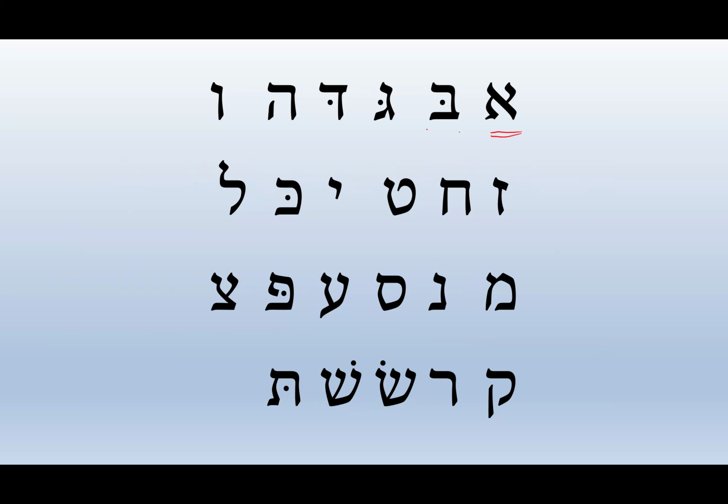Aleph, Beit, Gimel, Dalet, Hey, Vav, Zayin, Chet, Tet, Yod, Kaf, Lamed, Mem, Nun, Samekh, Ayin, Pei, Tsadi, Kof, Resh, Seen, Sheen. These are just one letter, but we have to differentiate them. Seen, Sheen, and Tav. So that's our alphabet.